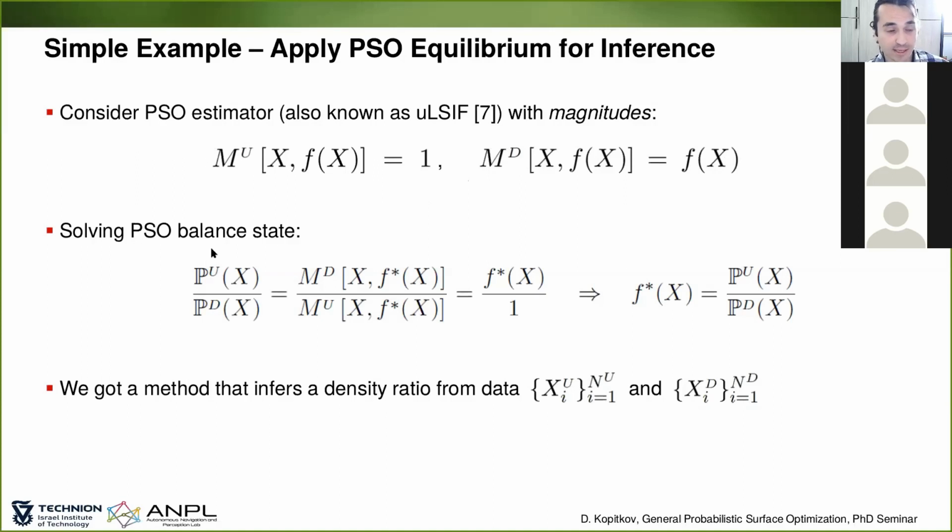The PSO bound state can be shown as the ratio of densities being equal and opposite to the ratio of magnitudes. If we substitute this expression inside, we will see that f star is equal to pu divided by pd. So basically, we got ourselves an estimator that learns the density ratio from the available data points. And this actually already belongs to some existing loss, which is called ULCF.